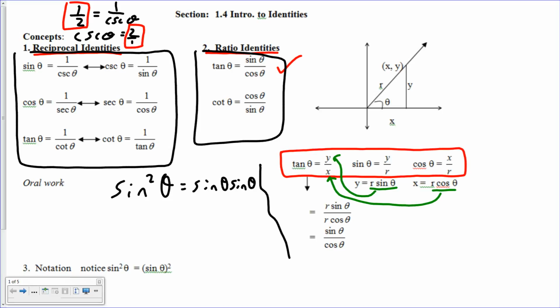Or sine theta squared. Keep in mind the sine theta cannot be separated. It's one unit. Don't unpeel it. Let's go to these examples and get to just the general idea here of where we're going with this.